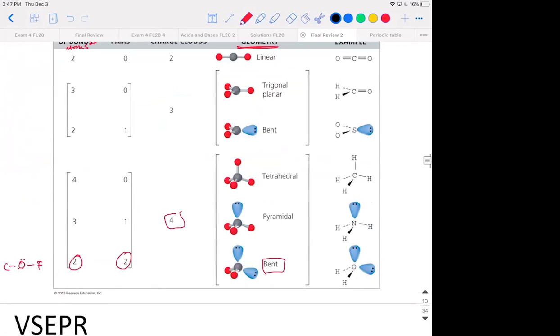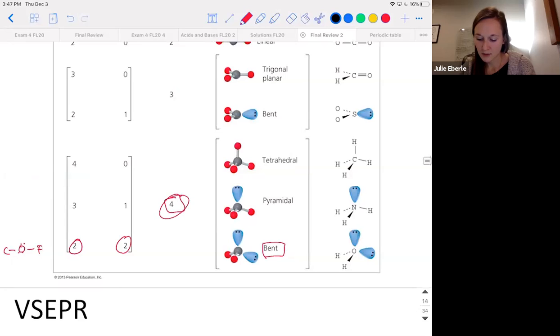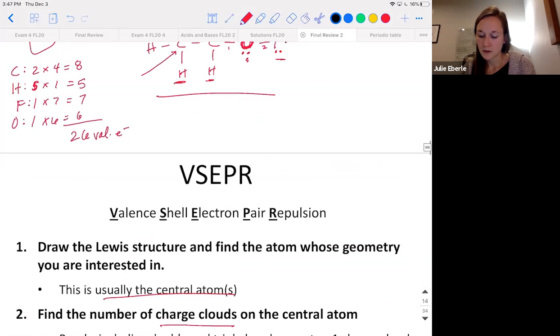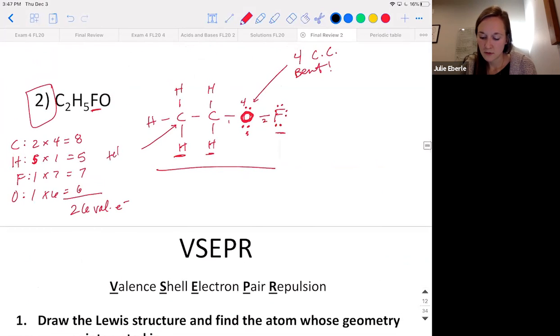So we're down here again, but this time we've got 4 bonded atoms. No lone pairs. Carbon should never have lone pairs, so it's tetrahedral. All right. So there's an example with geometry. You could also name this carbon right here. It would also be tetrahedral.